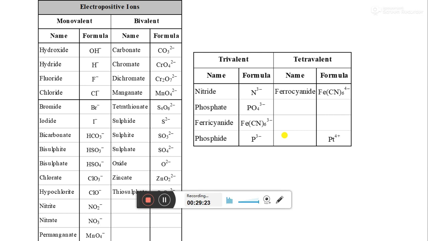I think here there is platinum, which is Pt4+, a cation, right? So these are all anions and their examples, right?